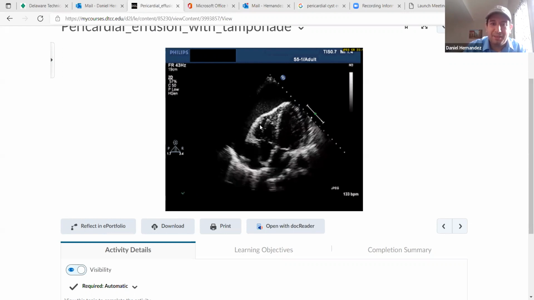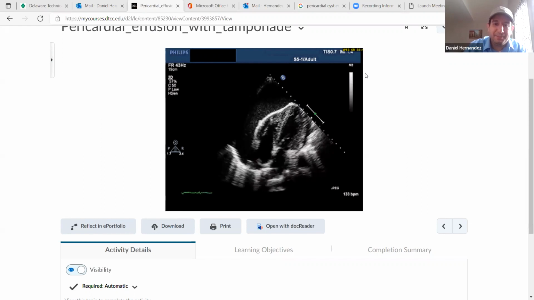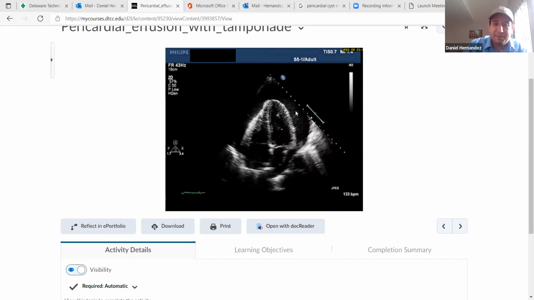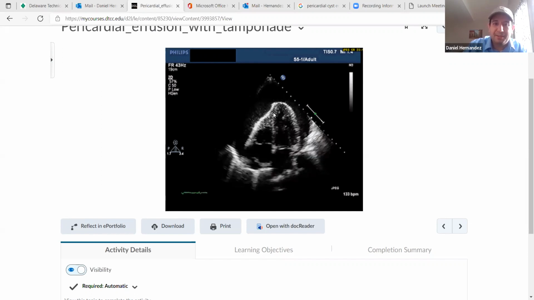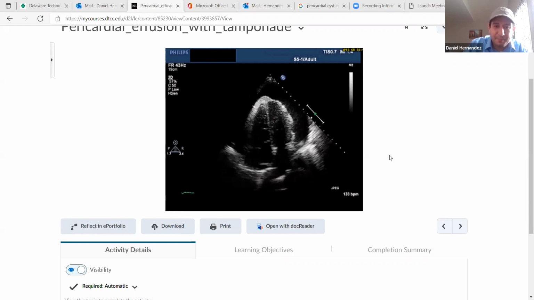It's not nice and round like the left ventricle. So it looks like I'm getting some collapse of the RV as well.